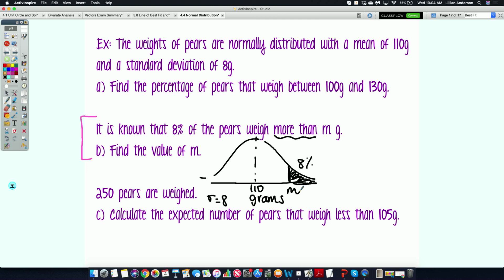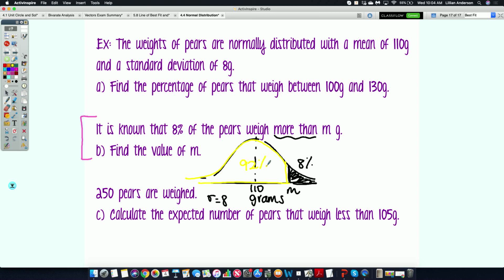Now, for a majority of us, not the colored fancy calculator people, we cannot type in 8% for our area. We can only use the area that's to the left. What is this whole probability that I highlighted in yellow? How much is that? Oh, 92%. And you get 92% because that's what 100 minus 8 is. We have to do it this way, otherwise the calculator is not going to give us the right answer.